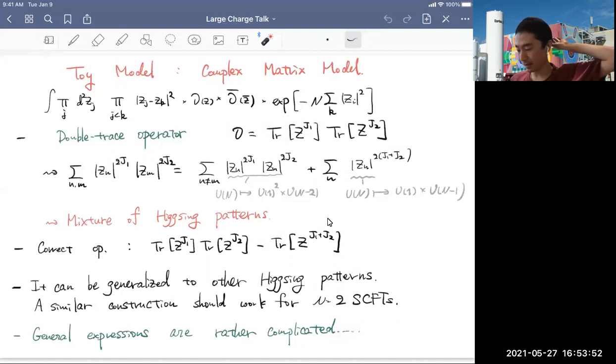A similar construction would work for N=2 superconformal field theory, but again, this is just a general remark and the details need to be worked out. One thing I should emphasize is that you can keep doing this, but in general, writing down the linear combination gets rather complicated if you increase the rank of the gauge group.